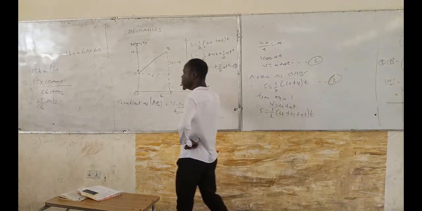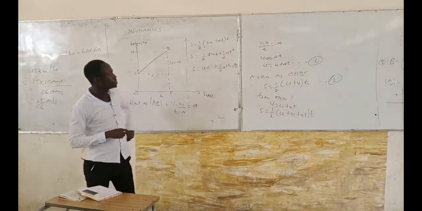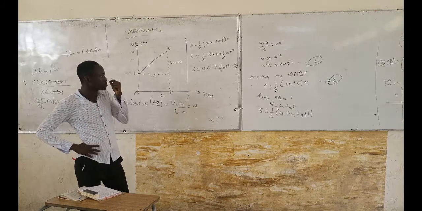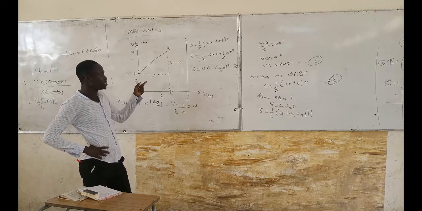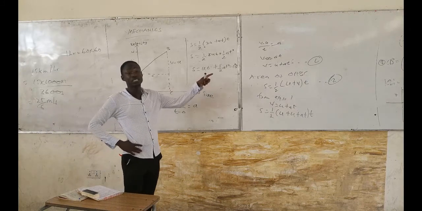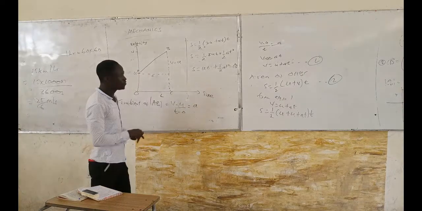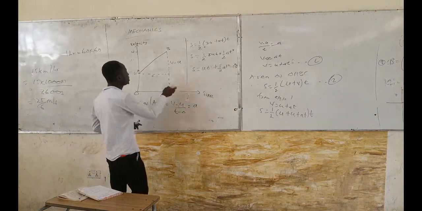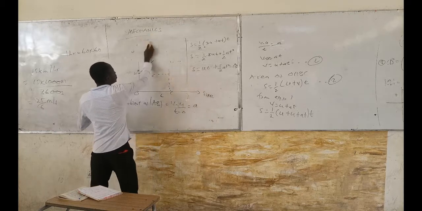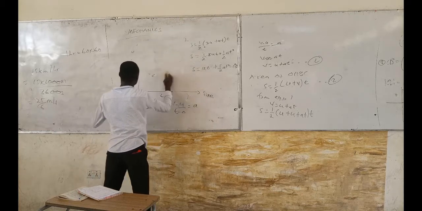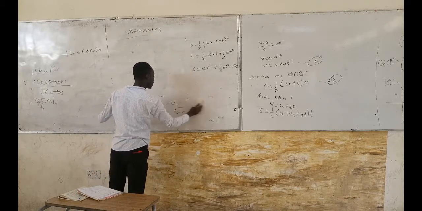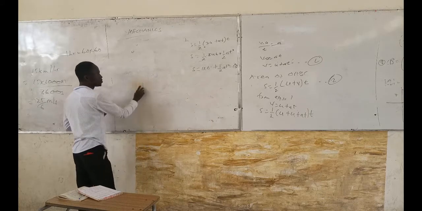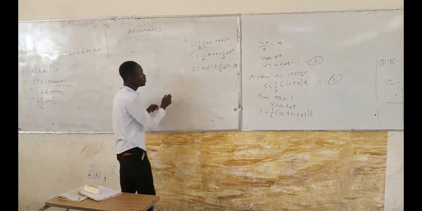Now let's do another substitution. We substituted V equals U plus at. You can also do the same thing and make U the subject. So from equation 1, let's make U the subject.